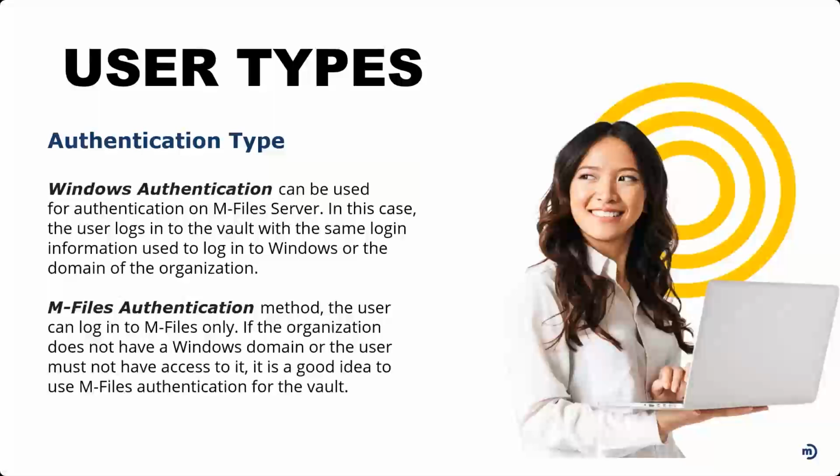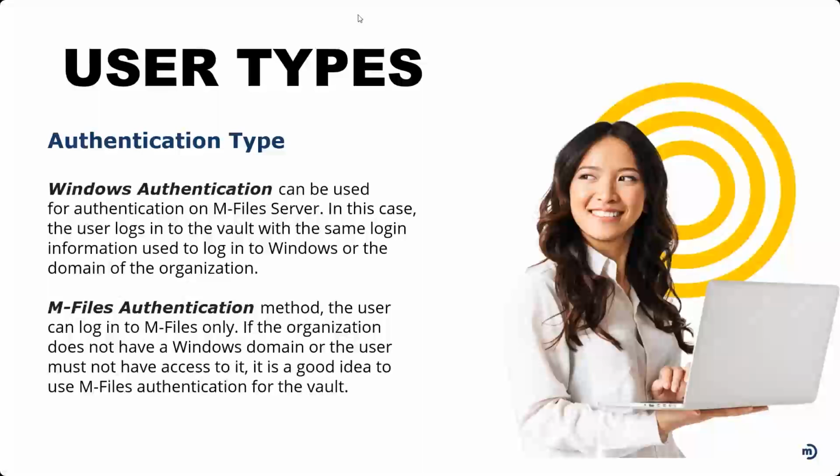Okay, inside of mFiles, there's actually two different ways that you can authenticate a user, meaning controlling their username and password. The first way, obviously very obvious, is the Windows authentication. This information is coming from your domain.